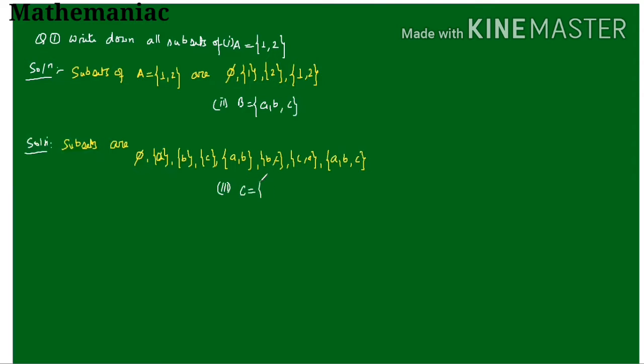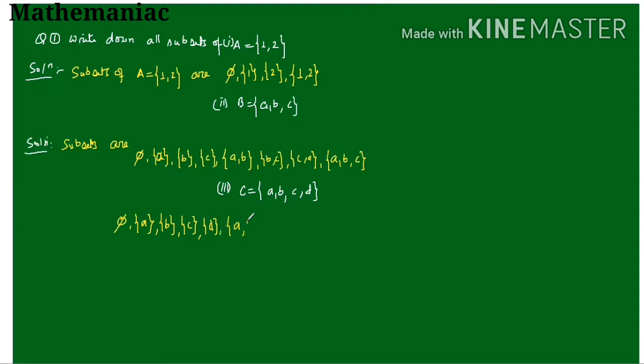Now similarly, if I have a set, let me go a little ahead. Say set C is there where I have four elements. Now here also I have to write the subsets. So subsets are: first the null set, then this time I have to write 4 such sets where single elements will be part.